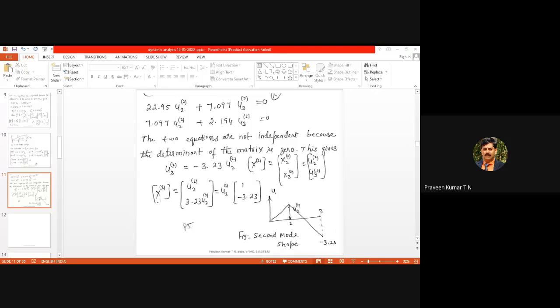Don't think that when there are no external forces, how will the system vibrate. The system is triggered only at the initial time, when t equals 0. A simple example: if you start the vehicle and stop it, that is free vibration.